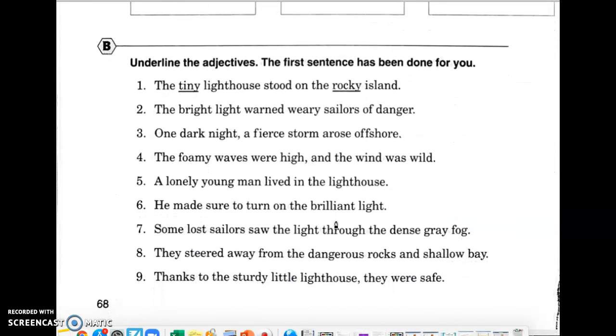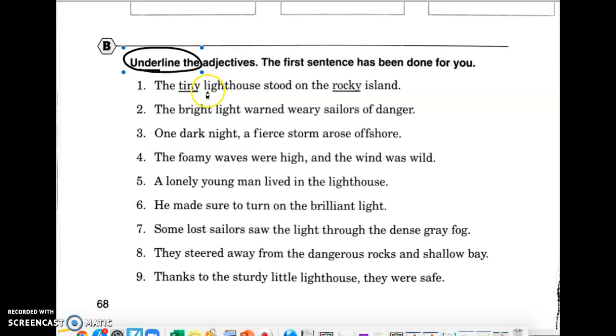In part B, our directions tell us to underline the adjectives. The first sentence has been done for us. Okay, so take a look. Sometimes the sentence might have more than one noun being described by more than one adjective. So take a look. The tiny lighthouse stood on the rocky island.